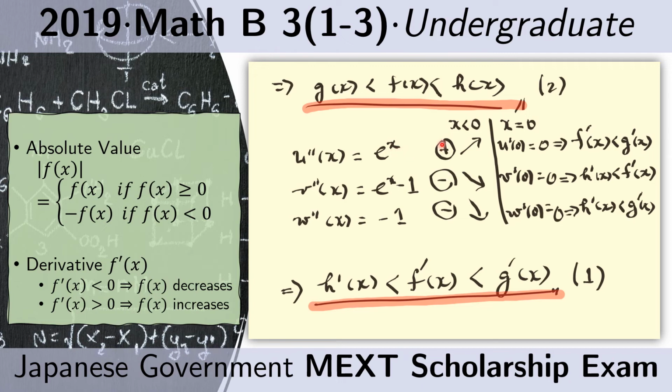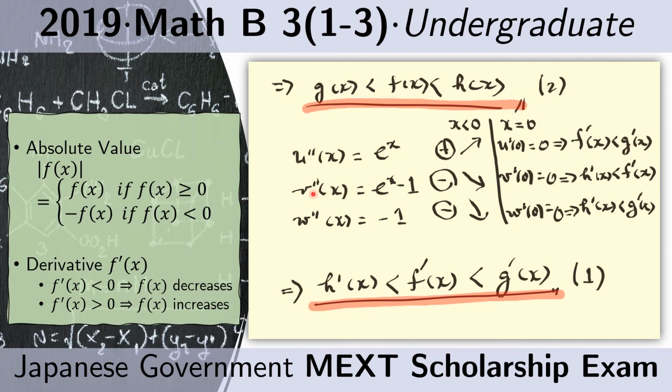And so we have a positive here, and positive means the function is increasing right until 0. And the only way you could increase to 0 is if you had a negative value to begin with. And that means that to the left of x equals 0, u prime must be negative. And because u prime is f prime minus g prime, then we know that if this is negative, then f prime must be less than g prime.